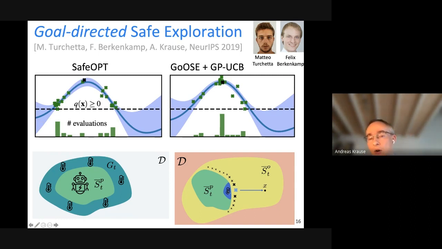The idea is that you use a standard acquisition function like, for example, GP-UCB or max value entropy search, or another acquisition function that you might like, to propose an experiment. If you can certify it to be safe, you carry it out. But if you can't, then you plan a path, right? You plan a sequence of experiments that aim to expand the feasible region towards containing the point that you would want to carry out.